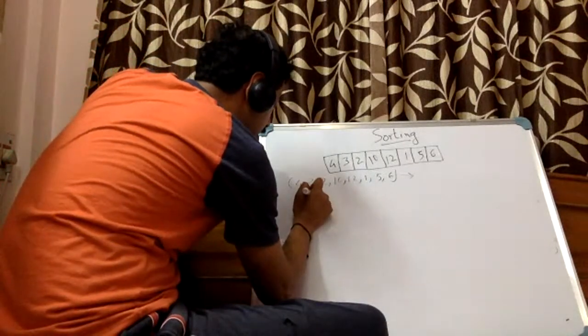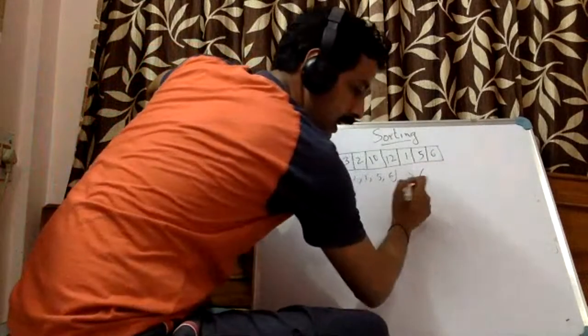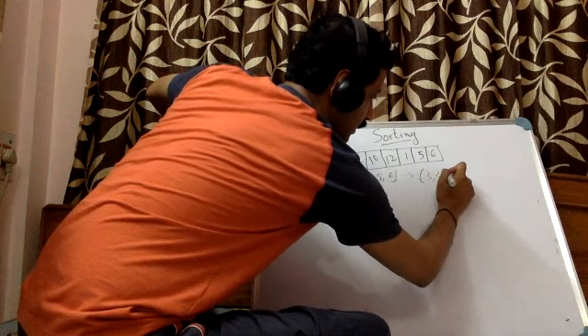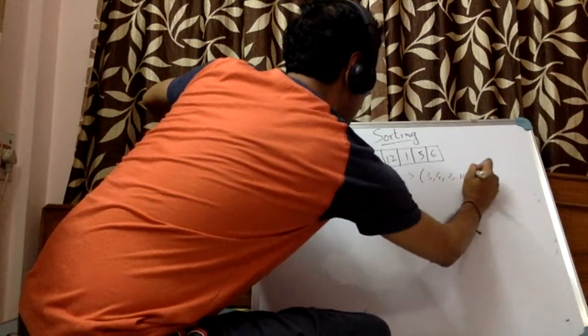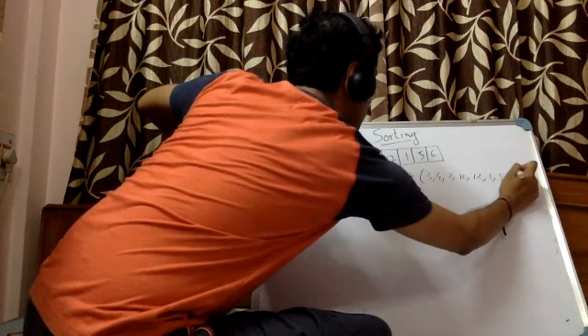So the array becomes 3, 4, 2, then 10, 12, 1, 5, 6.